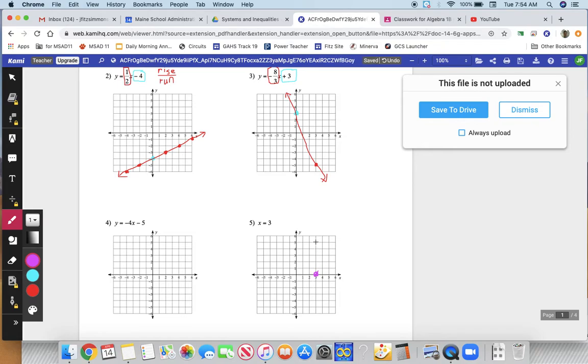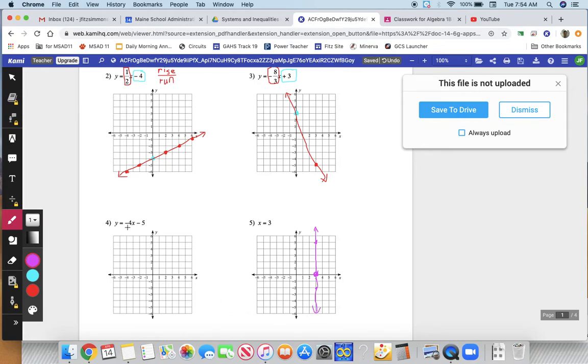So if y was 5, the x still has to be 3. If y was negative 2, well, x still has to be 3. So when there's only one variable in your problem, it means that you have either a horizontal or a vertical line. In this case, I have a vertical line.